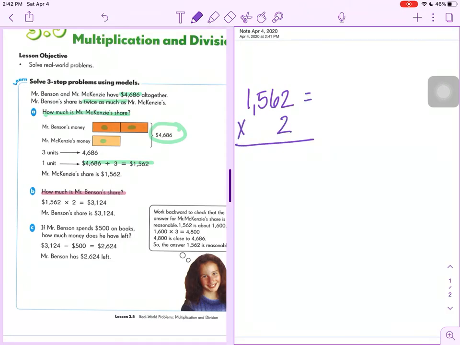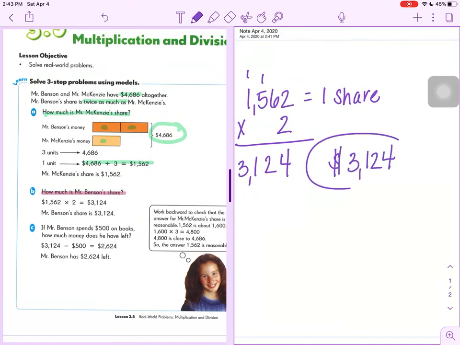Because that was just one unit or one share, and Mr. Benson's was twice as much. So I'm just going to multiply, and I would get 3,124. So Mr. Benson's share would be $3,124, and that's what we have here.